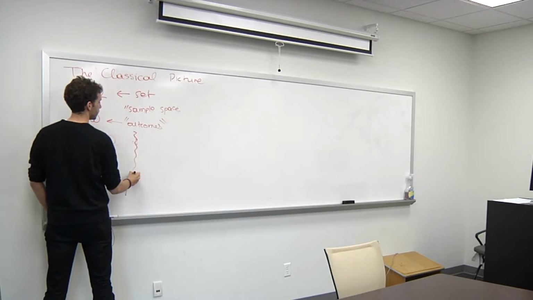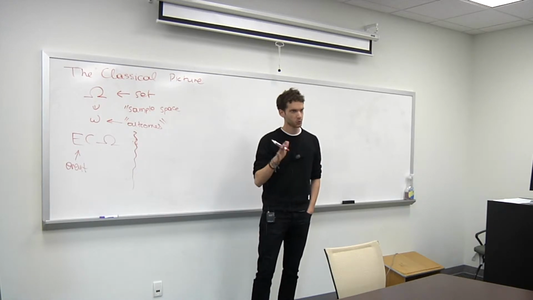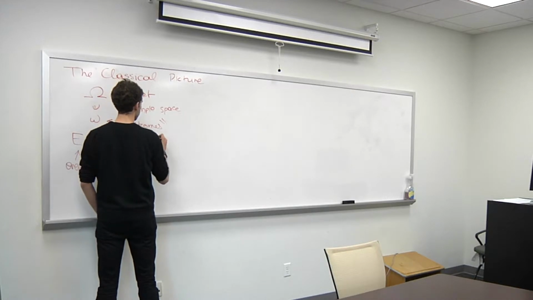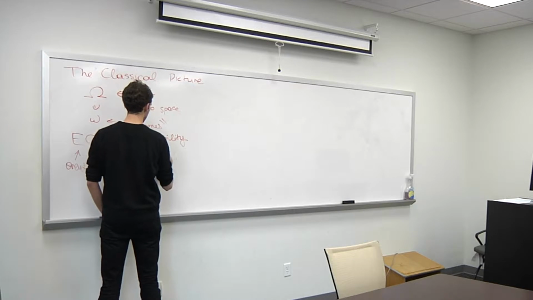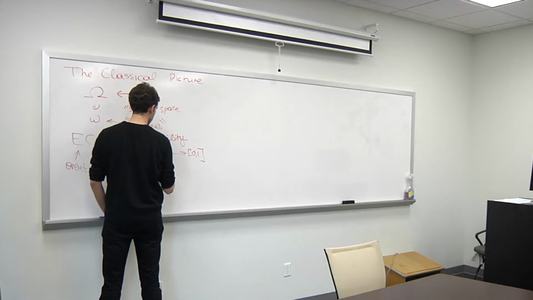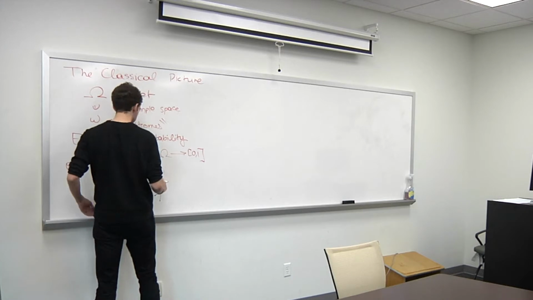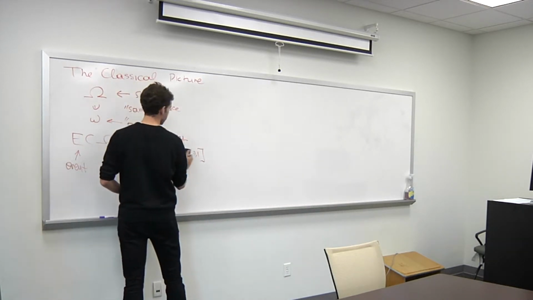And assuming that omega is finite, which I'm going to assume throughout, I'm going to take the simplest possible case, we can take a probability to be simply a function from omega to [0, 1], such that, well, okay, I suppose it has to be on subsets.